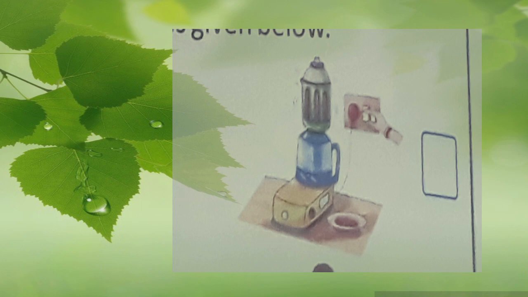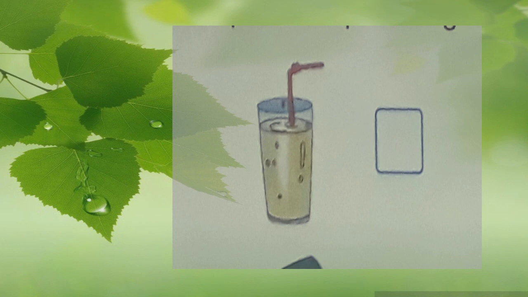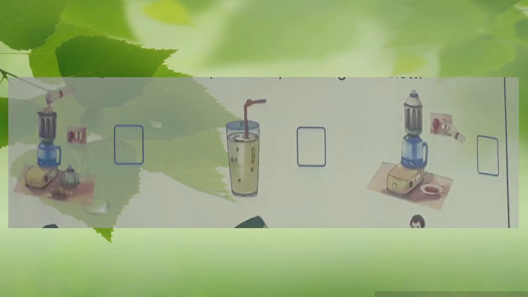So in that small box we have to write P. The result is the juice. So near to that juice we have to write O. So making of juice, answers are in this way: I, O, P. That is the order given in your textbook.